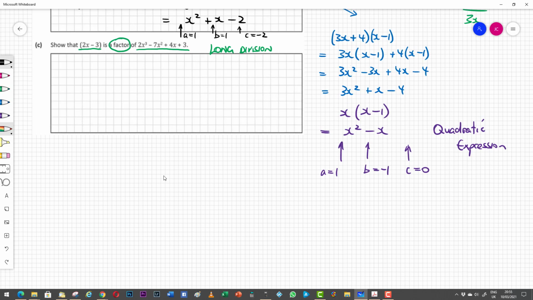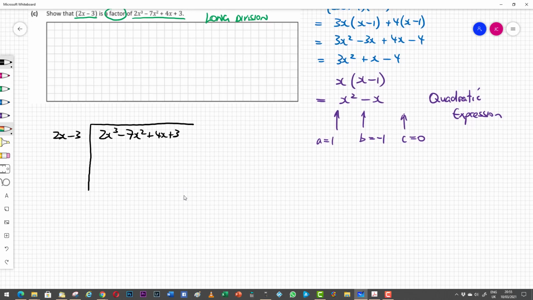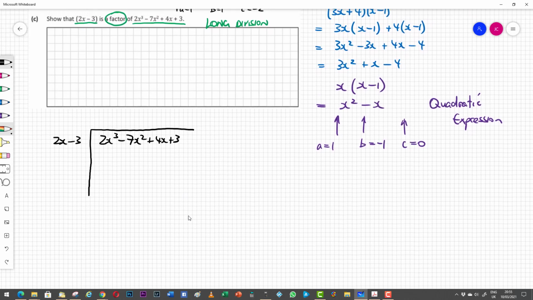So on the side I have 2x minus 3, and then I'm going to divide this into the cubic expression, 2x cubed minus 7x squared plus 4x plus 3. And again, we just want to give ourselves plenty of space here because there's quite a number of steps to this. So how do we start algebraic long division?